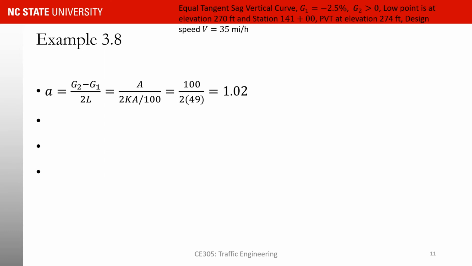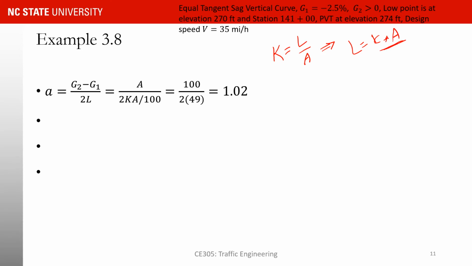Now here it's a little bit tricky because we don't have the value of L, but we know that G2 minus G1 is equal to A. And at the same time, if you remember, K was equal to L over A. As a result, L is equal to K multiplied by A.